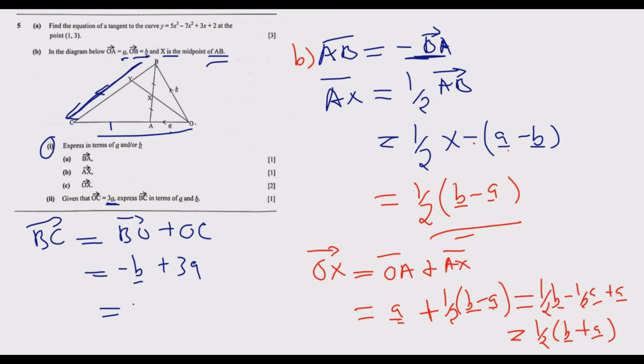So this is nothing but 3A minus B. This is how you get part B Roman numeral 2, that 1 mark, so that you get the 8 marks in total.